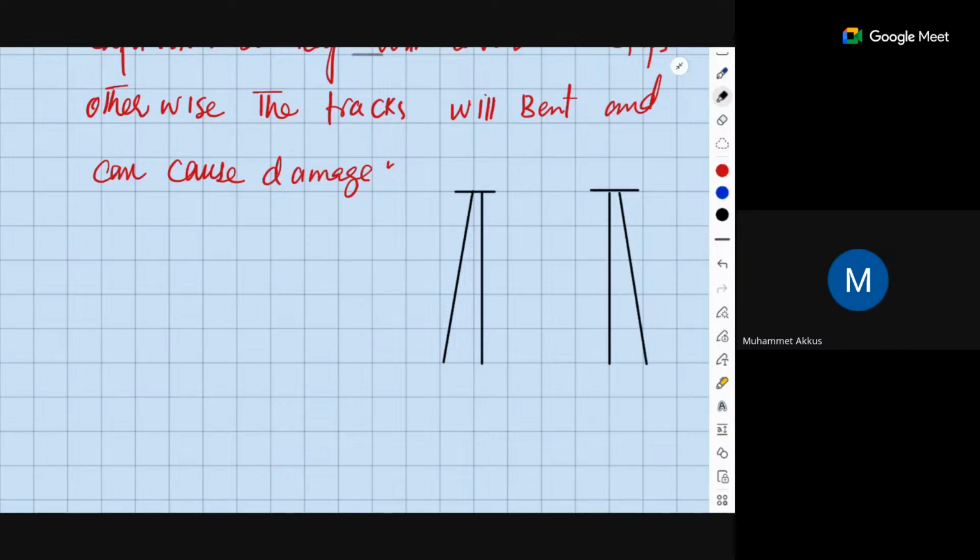Here we have the poles, and there is electric wiring between these poles. These wires are placed in such a way that they are kept a little bit sagged. Why? Can anybody tell me? These wires are put a little bit loose.